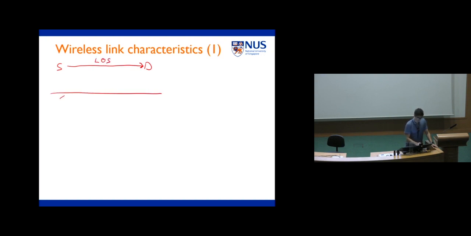Let's say this is my ground, and there is also another component of that signal that is reflected off the ground and arrives at the destination. Well, obviously the red signal here propagated less distance than the blue signal. So if you're sending a sinusoidal wave, let's say, your blue component will arrive slightly late.